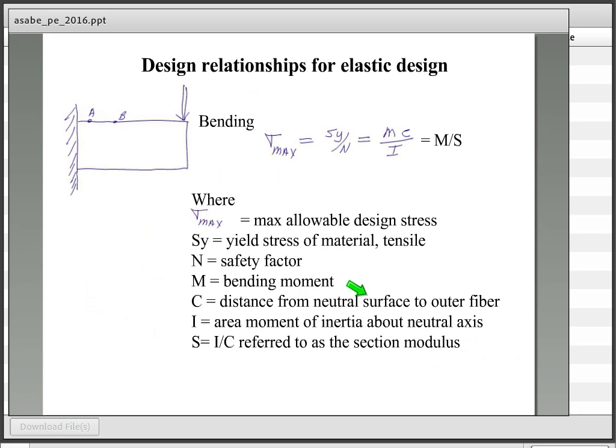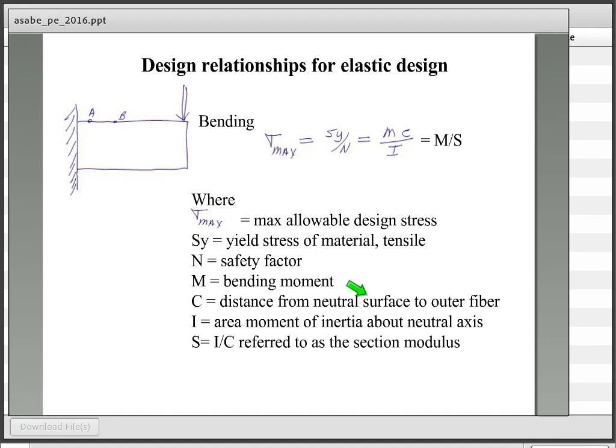And then, of course, we can have bending. Bending is a very common thing that machine designers would want to be familiar with and will be dealing with. Whether you're dealing with any kind of part that has bending moments applied to it, you're going to have bending in your part.